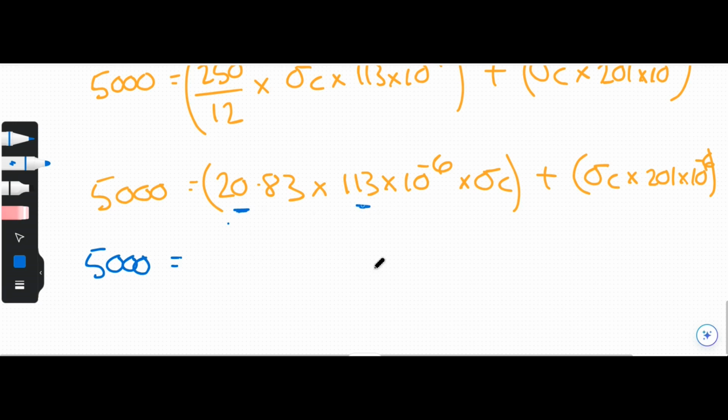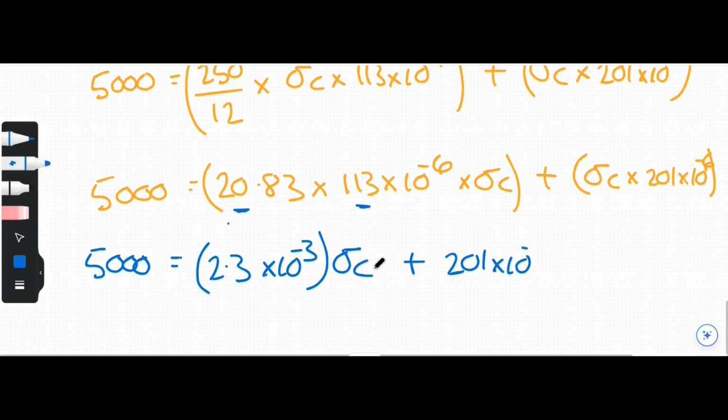20.83 times by this gives me 2.3 times 10 to the minus 3. Stress in concrete plus 201 times 10 to the minus 6. So I've got that stress in concrete.